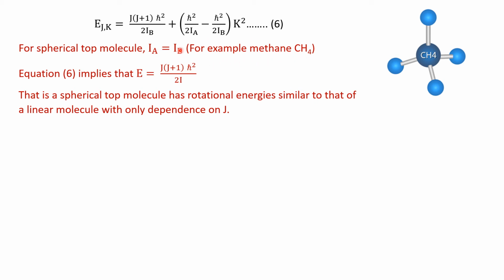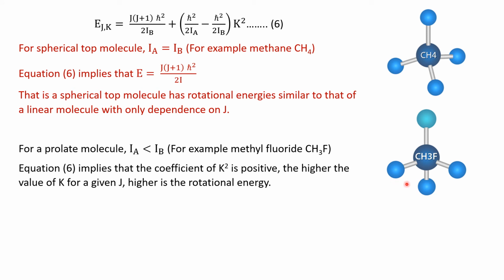So if IA is equal to IB, this portion goes to 0, and we have the energy equal to this one, which is exactly similar to that of the diatomic molecule, or you can say the linear molecule. So a spherical top molecule has exactly the same energy levels as that of the linear or diatomic molecule. And of course, the only difference will be in the spacing and the value of the energies.